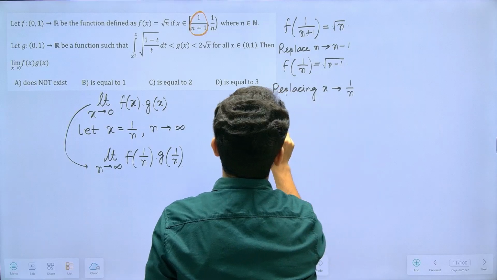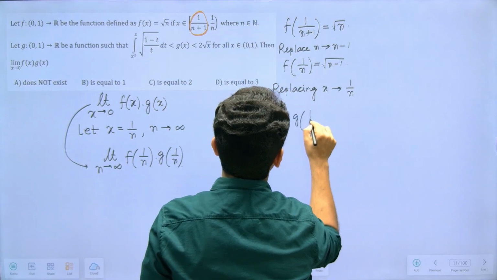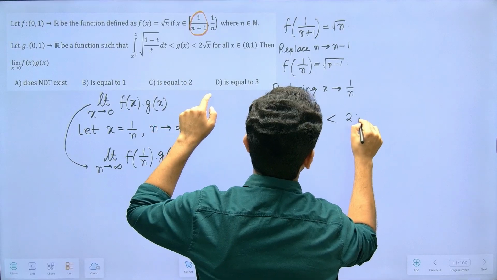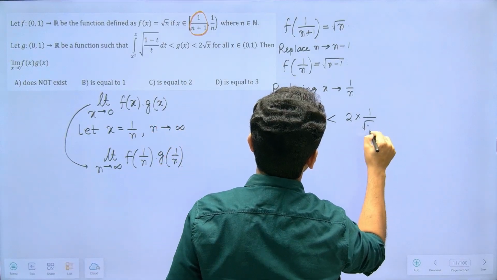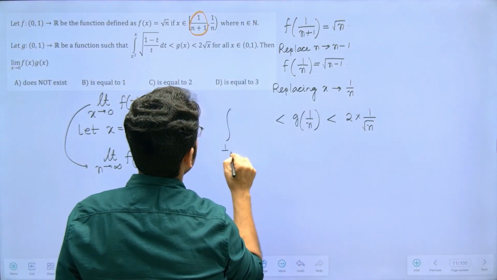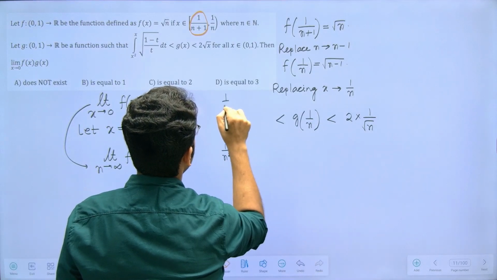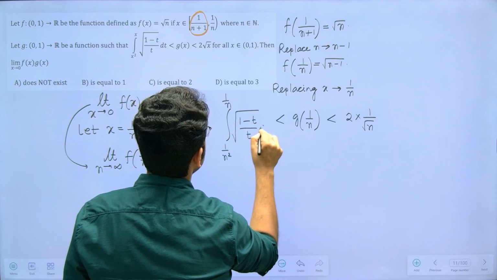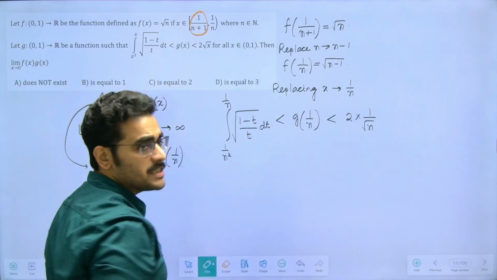So what is the bound of g of 1 by n? g of 1 by n is less than 2 into 1 by root n, and it is more than integral 1 by n square to 1 by n root 1 minus t by t dt. This is the bound of g of 1 by n.